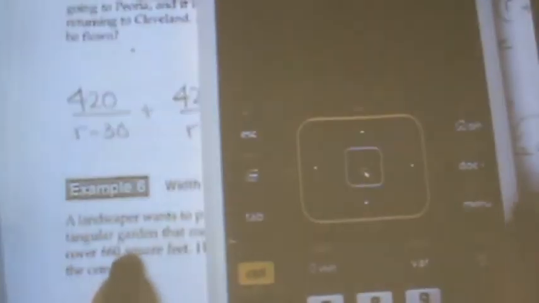So, how do you type this in your calculator? Okay, so I'm going to go to new document, and I like my fraction button. So I'm going to use 420 for my numerator, and you don't have to use R. What can you use?